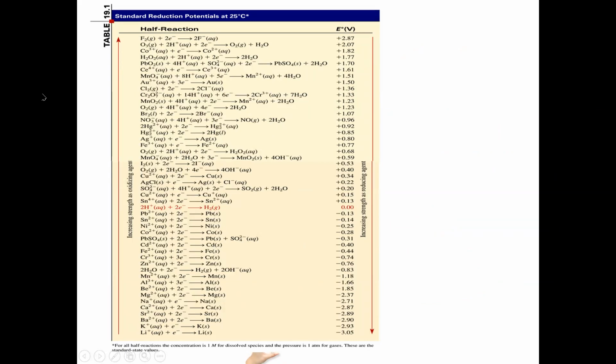They have combined all these half reactions with hydrogen. The deflection in the voltmeter will be this. You combine this half reaction with this, the deflection will be this.